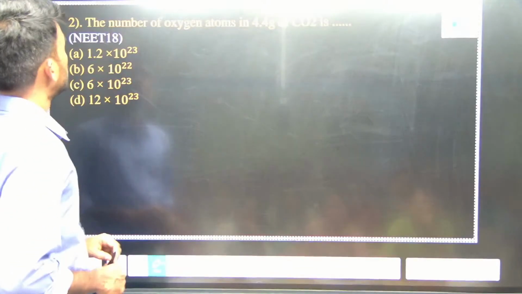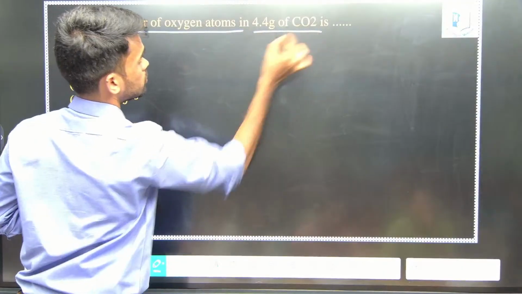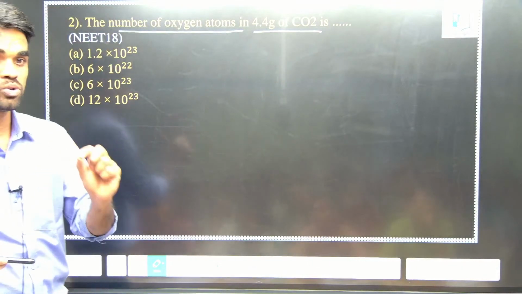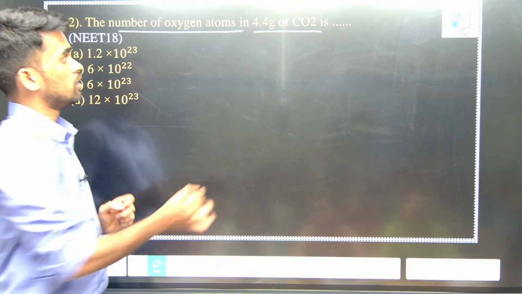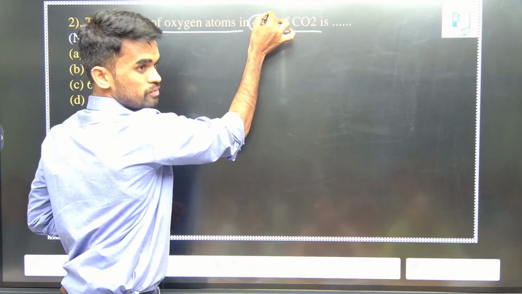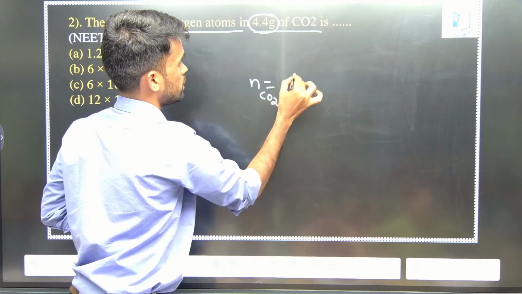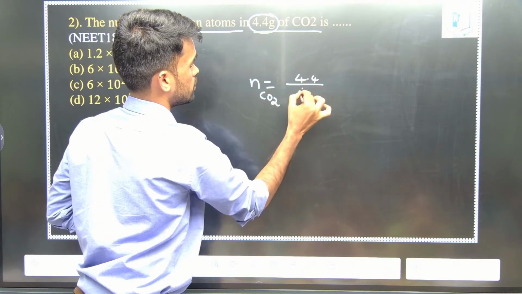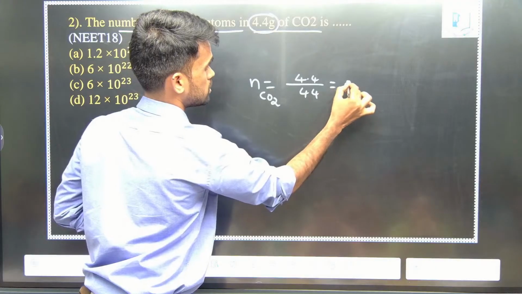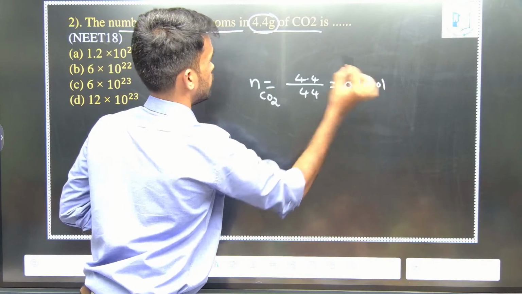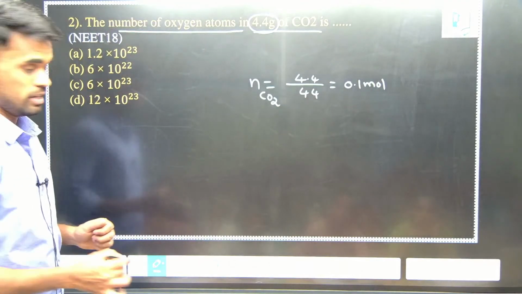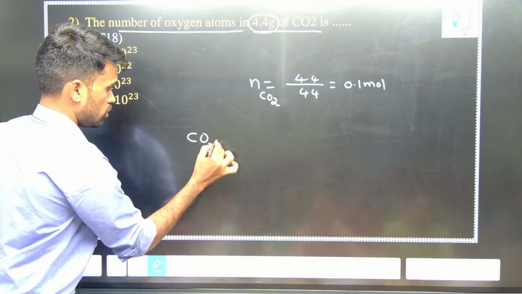B, okay. Number of oxygen atoms in CO2. What is the first step to do? The quantity in grams, the weight, is given. First find the number of moles of CO2. So it is 4.4 by 44. So it is how much? 0.1. So we got 0.1 mole.